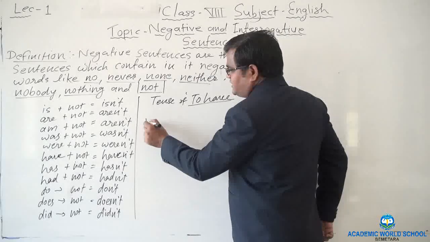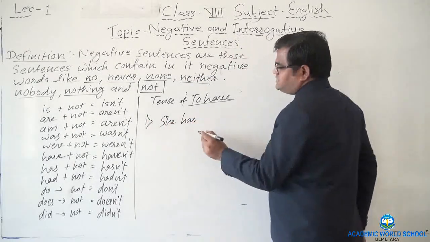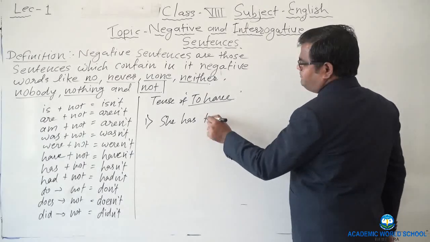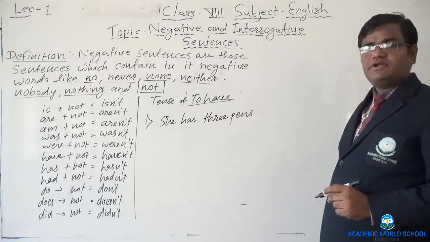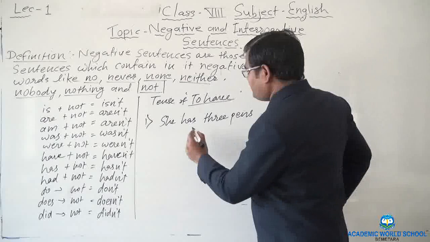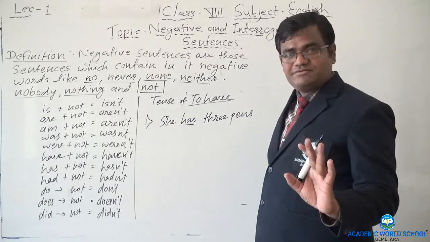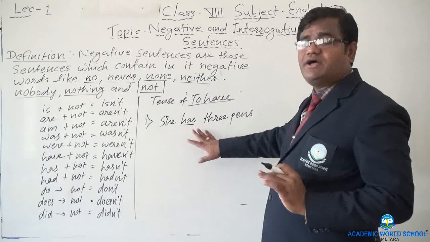Let me write an example here. For example, she has 3 pens. Now if I have to make the sentence negative, is there any main verb after has? No main verb at all, right? Only we are showing her possessions.